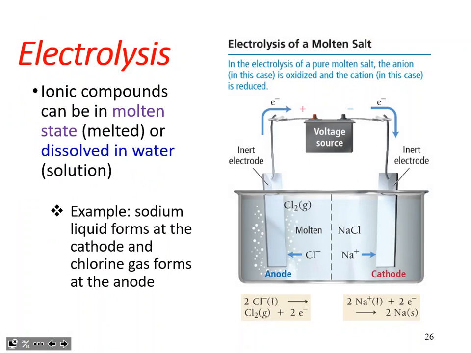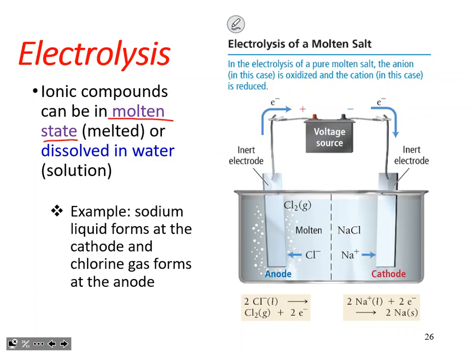Now, there are two different ways to do electrolysis. You can use a molten salt, or you can use it dissolved in water. Molten means you take the ionic compound and you have to melt it down, so it's super, super hot, and that's why we call it the molten state.